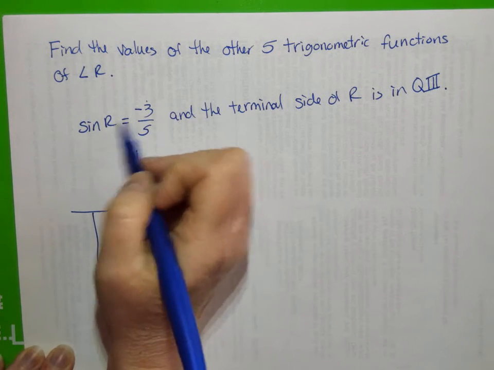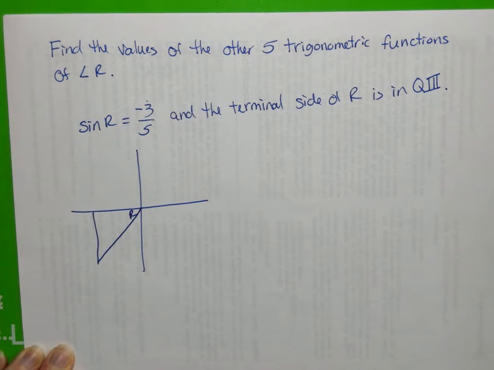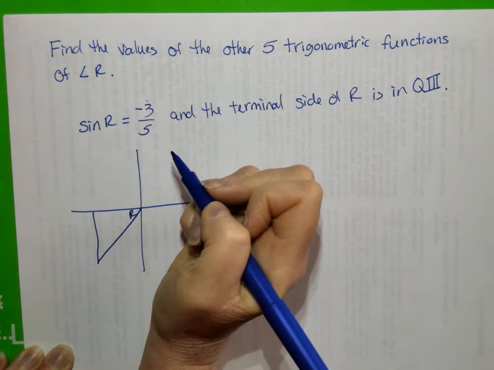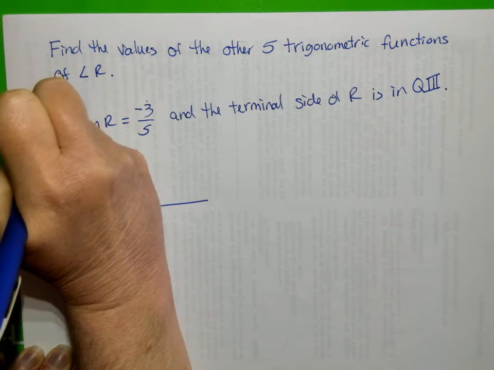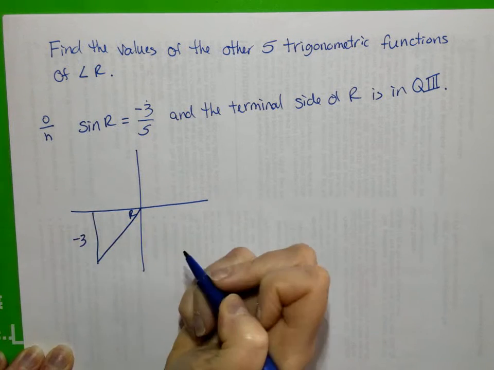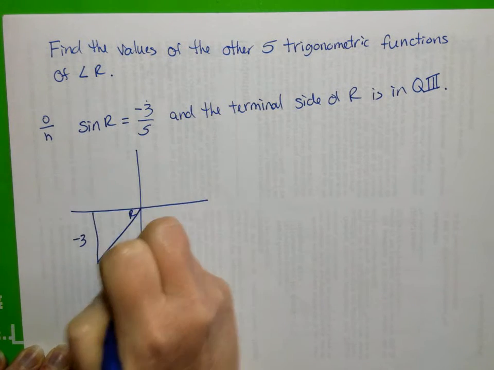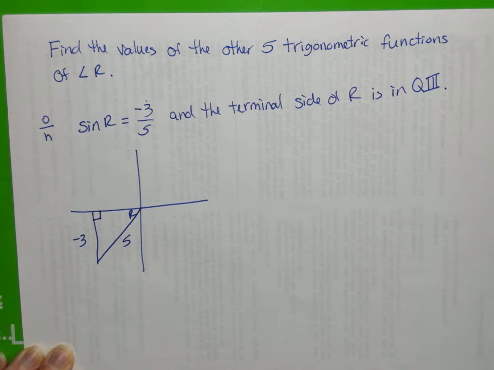And I'm told that the sine of angle R is -3 over 5. Okay, so now think. This is opposite over hypotenuse. So the opposite of angle R is -3 and the hypotenuse is 5. My right angle is right there.